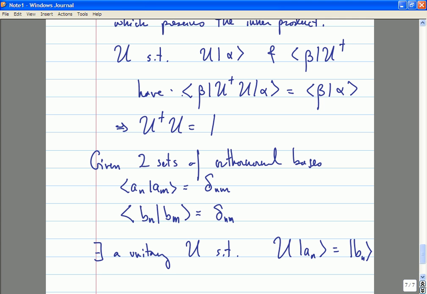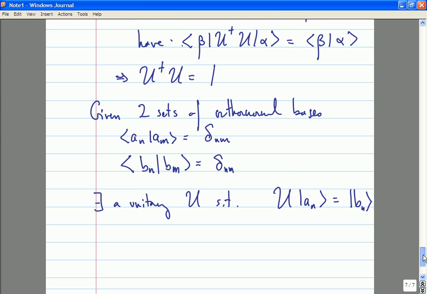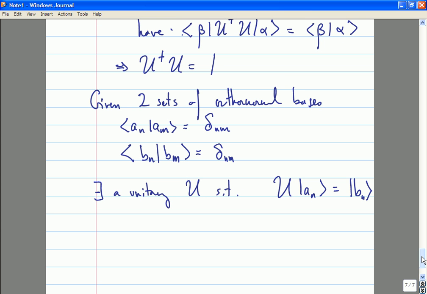Conversely, if you take an orthonormal basis and you act on that orthonormal basis with a unitary operator, you'll find another orthonormal basis. So in your study of vector spaces in linear algebra or mechanics, you probably have encountered a rotation operator. What is a rotation operator?